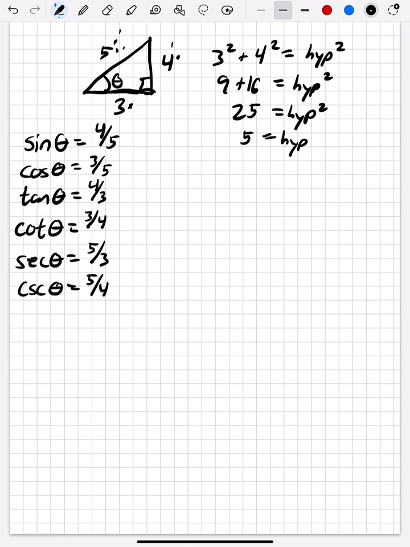Okay. Now here are some common trig identities, and I will post a PDF of the trig identities on the course page. But here are some common trig identities that you're going to see pop up during this video. So let's go ahead and write those down. I think I spelled identities correctly.